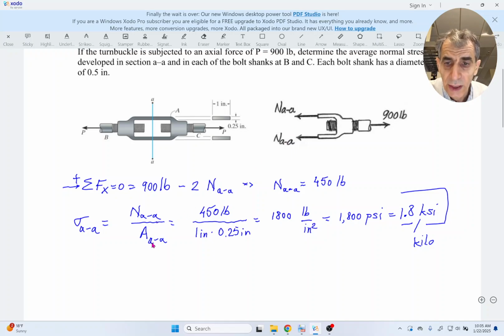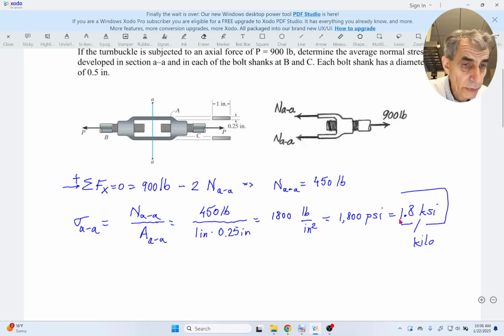So we have the area of this cross section calculated with 1 inch in length and a quarter of an inch in width. That's exactly what we were doing here, and the stress will be basically 1800 pounds per square inch, or psi, another way to denote pounds per square inch.